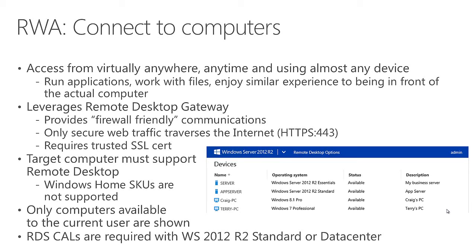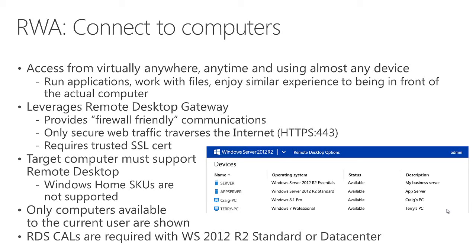One thing to point out here: we talked about the fact that you can connect with an SSTP VPN connection. That is another way to connect to computers in the environment, different than using Remote Web Access, which is what we're talking about here. If you do create a VPN connection, and you don't necessarily have to join the client computer into the Essentials environment to establish one, you can set that up manually and use that to connect in.